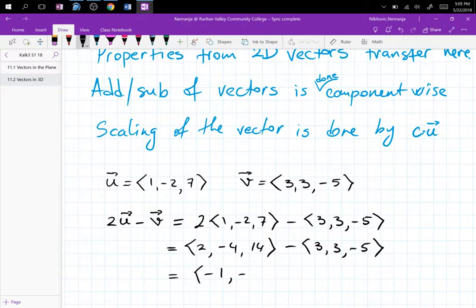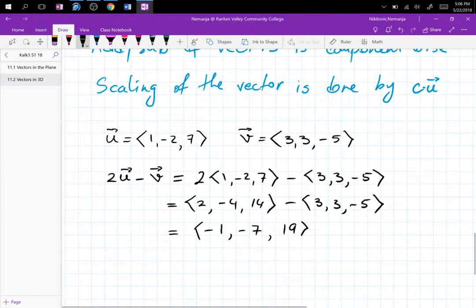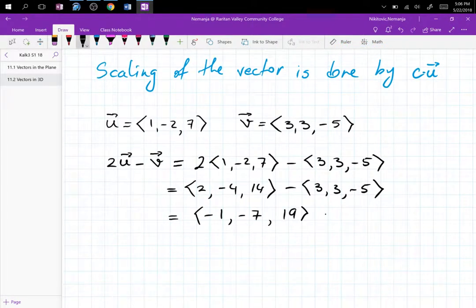Negative 4 minus 3 is negative 7. 14 minus negative 5 is 19. Right? Minus and minus gives plus. So the answer is negative 1, negative 7, and 19. That will be the vector. You can also write it as negative i hat minus 7j hat plus 19k hat. Sure. So you can do that as well.